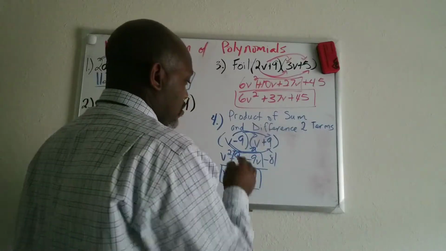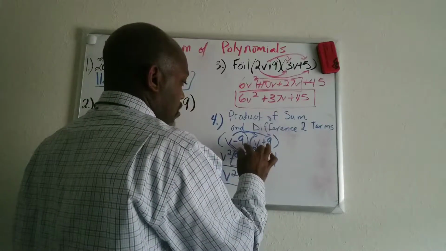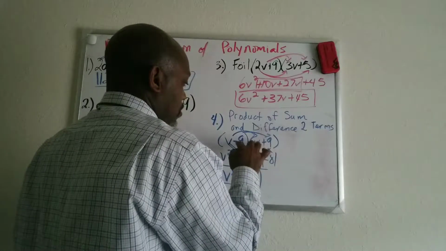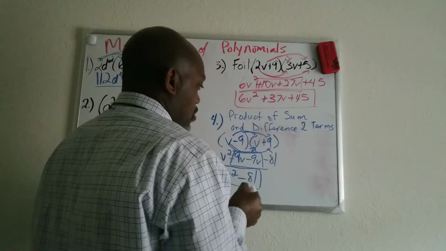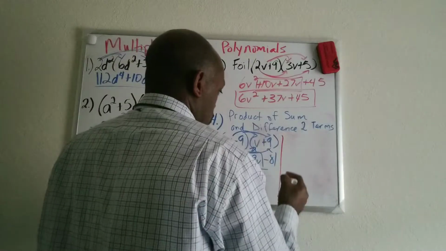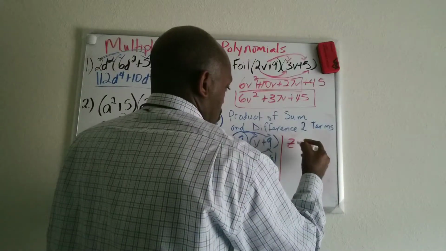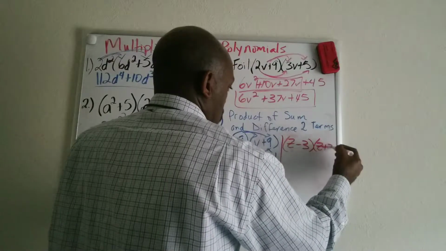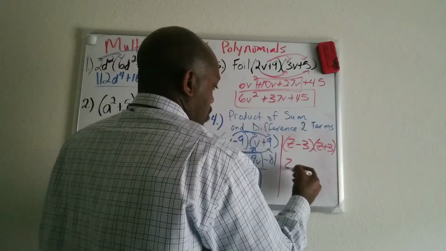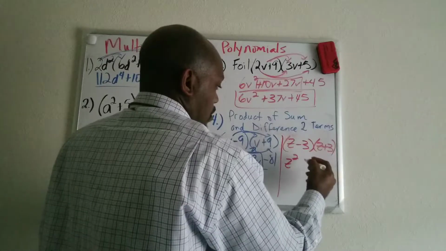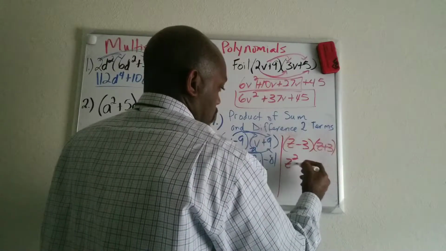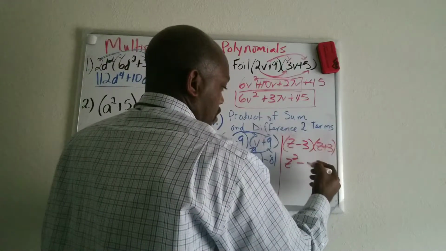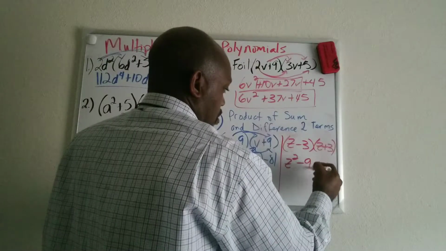So when you have the same first terms and the same last terms, but different operations, all you're doing is squaring the first term, and then minus the square of the last term.